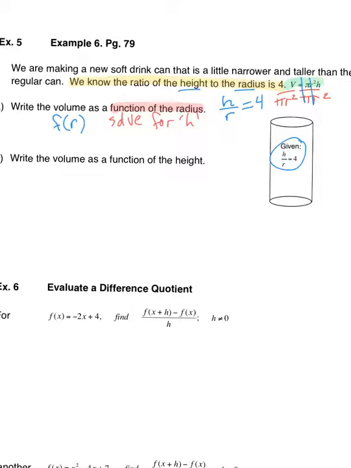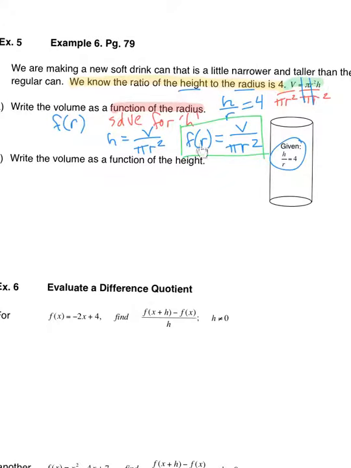So I end up with h equaling v over pi r squared. And then to write it as a function of the radius, it would look like f of r is equal to v over pi r squared. So this is the answer that they want. And notice that it's a function of the radius.